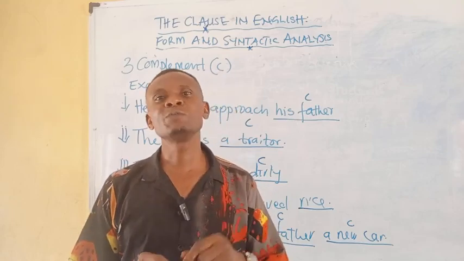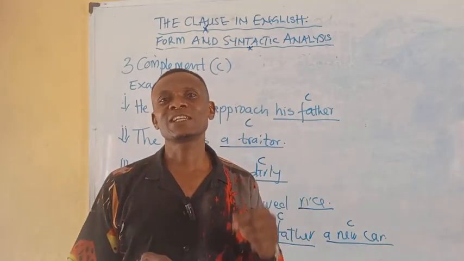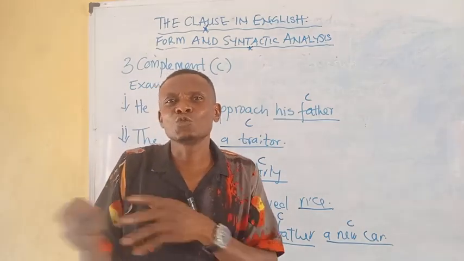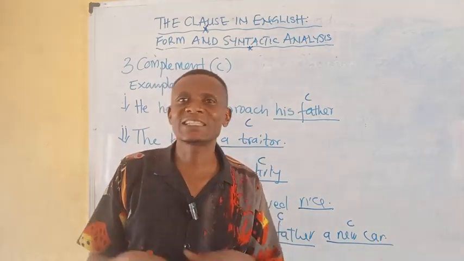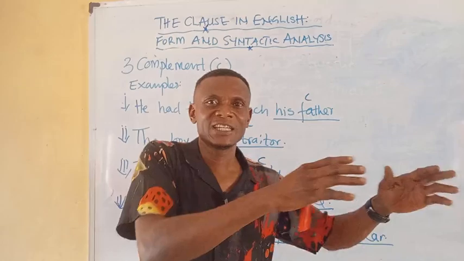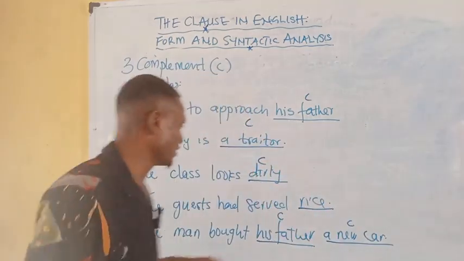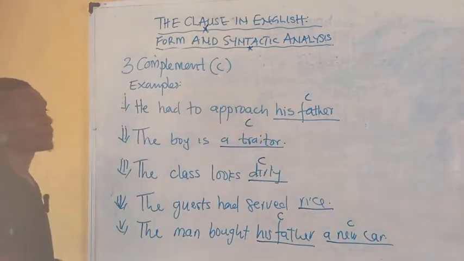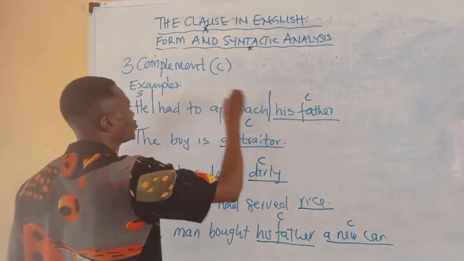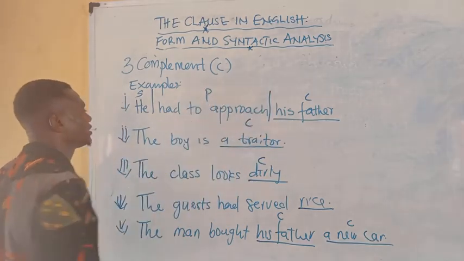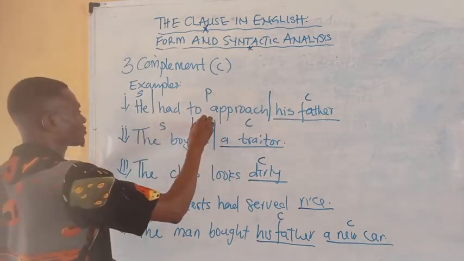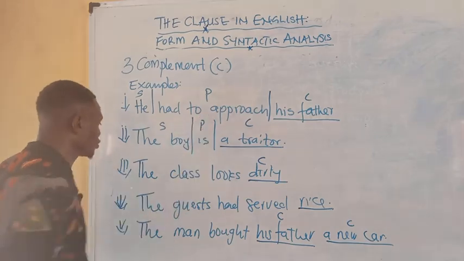We are talking about complement extensive. It has to do with the complement that has nothing to do with other groups in that sentence. Are you getting it? Complement extensive has nothing to do with other elements. If you look at number one now, we have element one, subject, and element two, the predicator. Number two, element one, subject; element two, predicator.